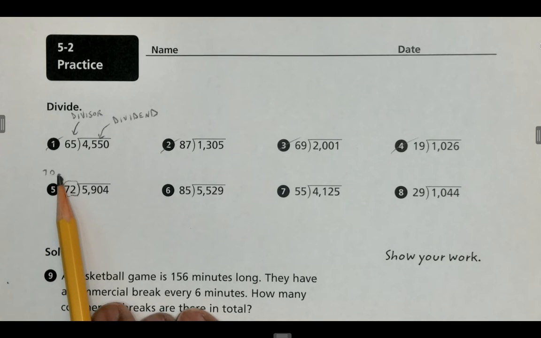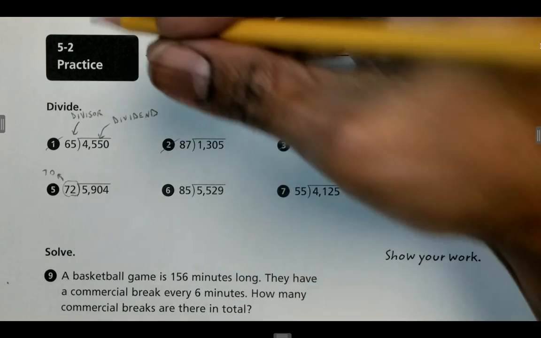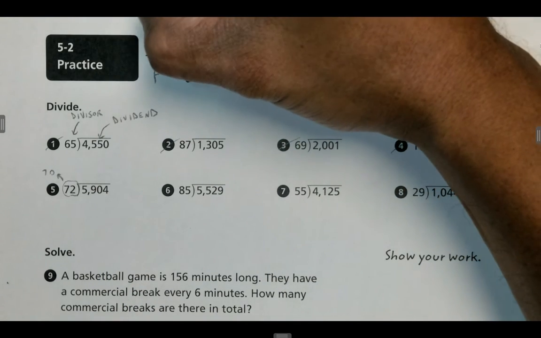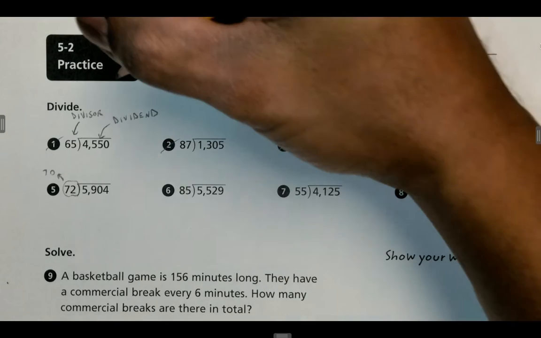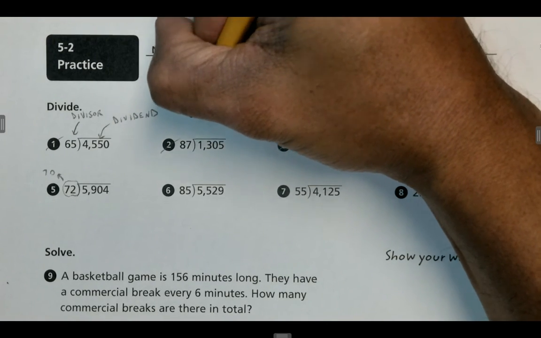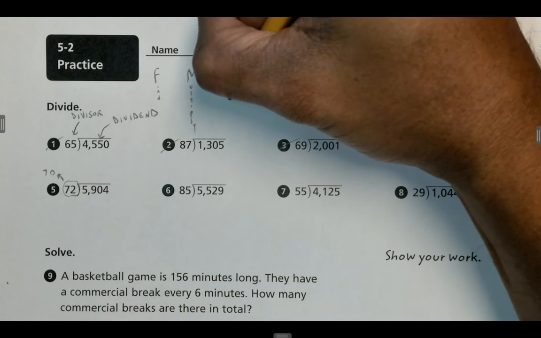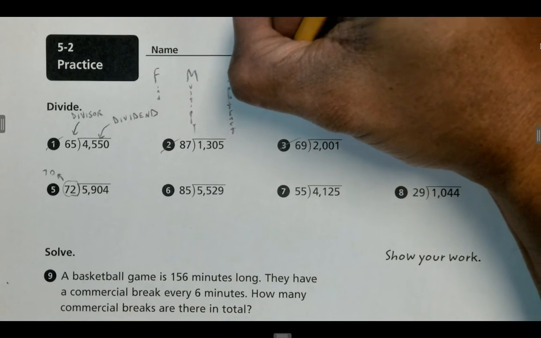That is going to help us get in the ballpark of where we're trying to go. We're still using find, multiply, subtract, bring down. And if it helps you to write that out somewhere, I encourage you to do that. If it helps you to have your times chart out, I encourage you to do that.